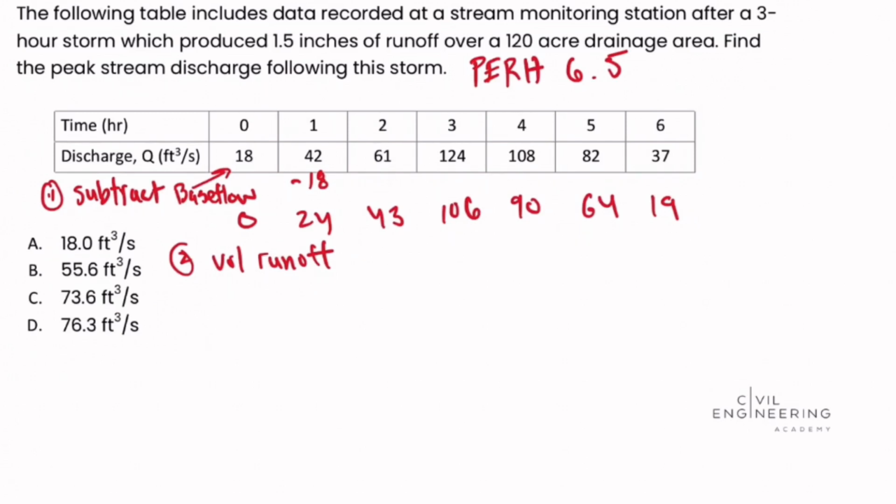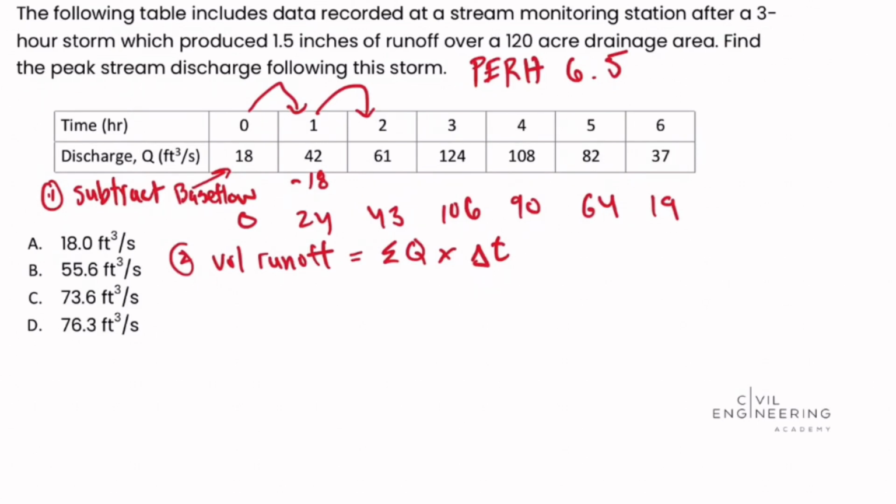In step 2, we'll calculate the total volume of runoff, which is equal to the sum of all the discharges, hours 0 through 6, times delta t, the time step interval, which in this case is 1 hour, because it increases by 1 hour at each interval.